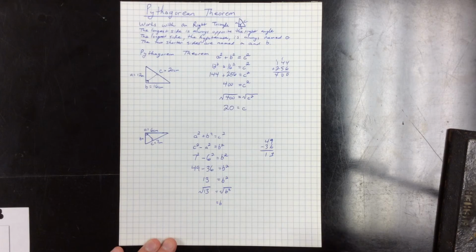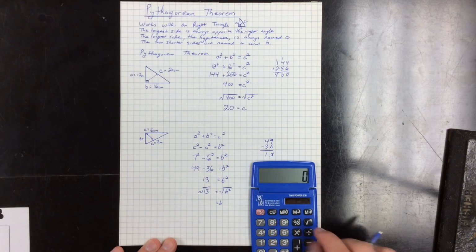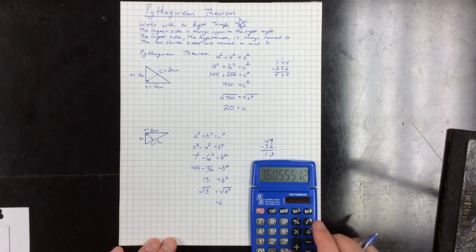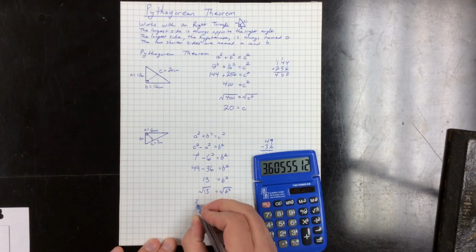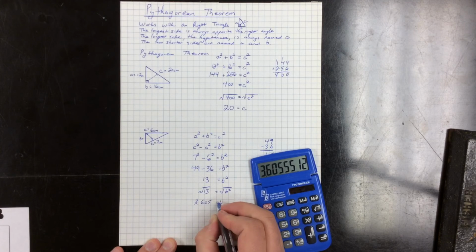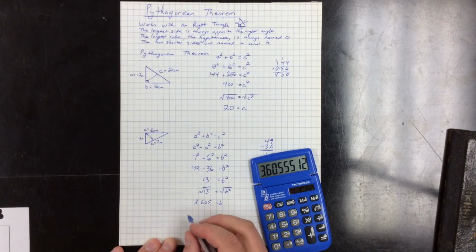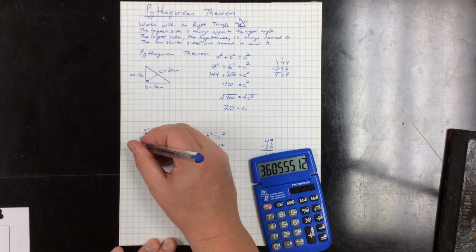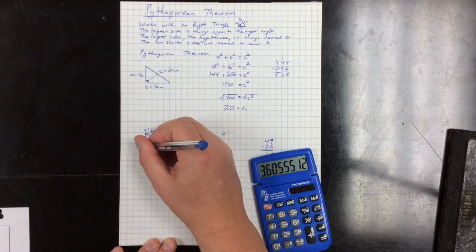But in this case, I'm going to use a calculator. The square root of 13 is 3.605, which is approximately equal to B. So I could say B is equal to 3.6 centimeters.